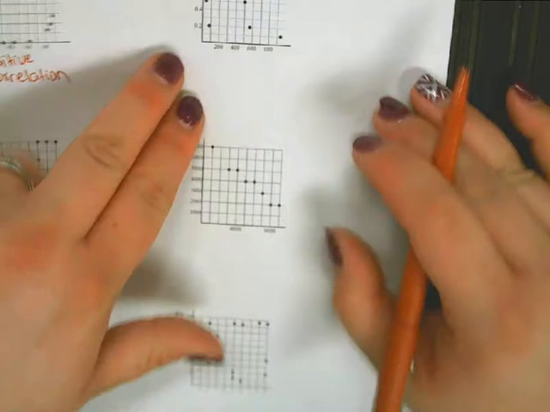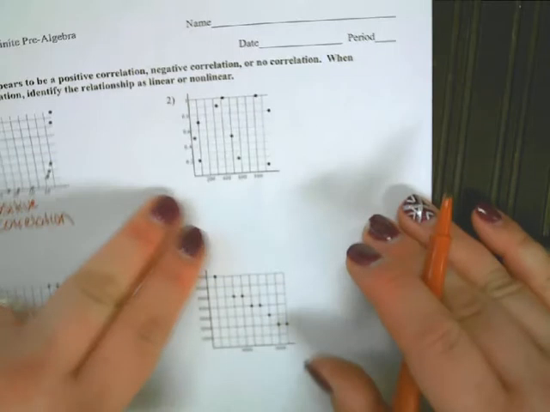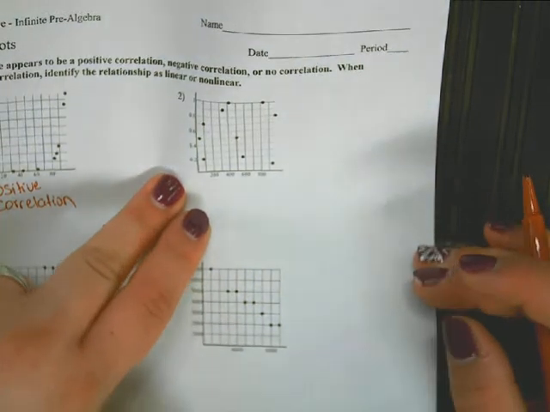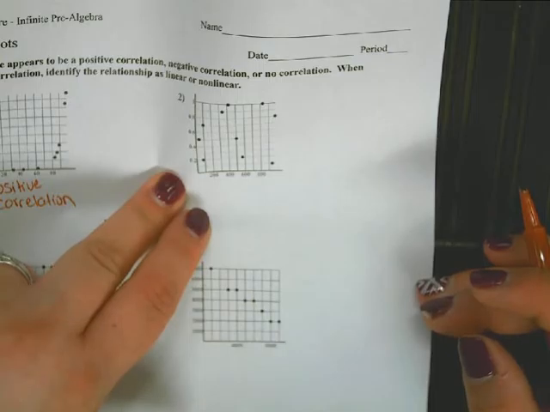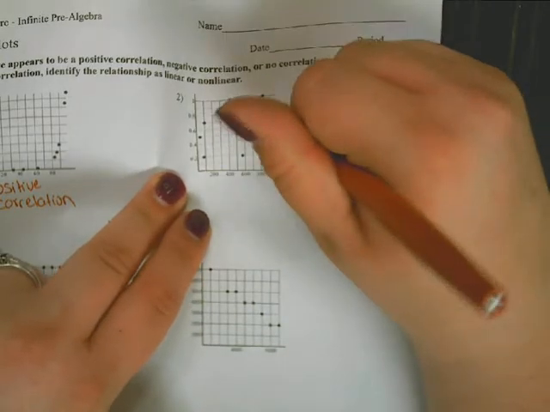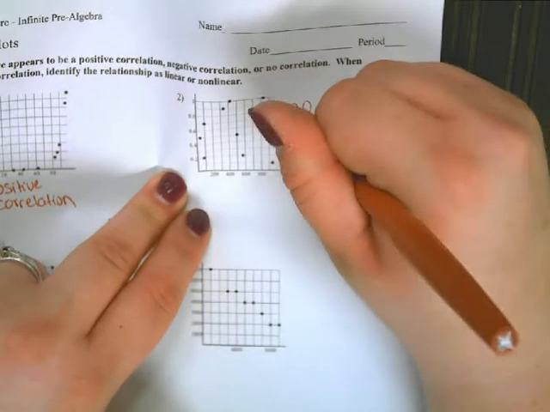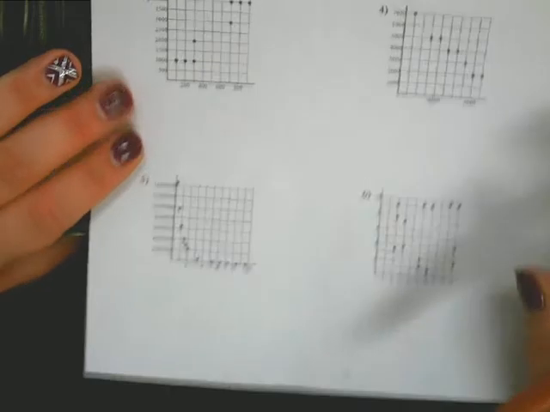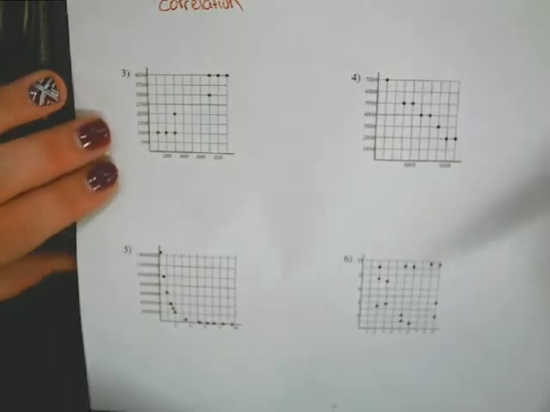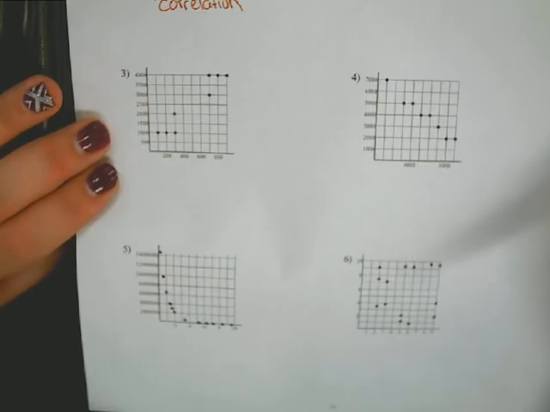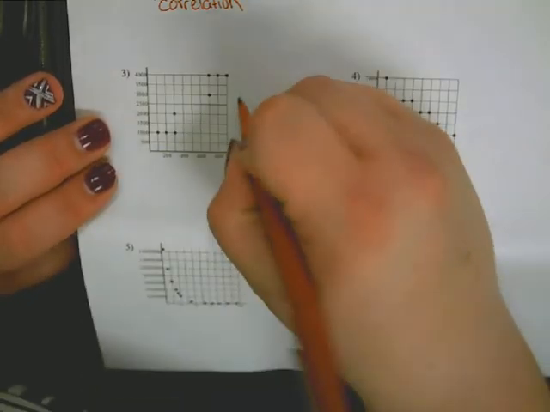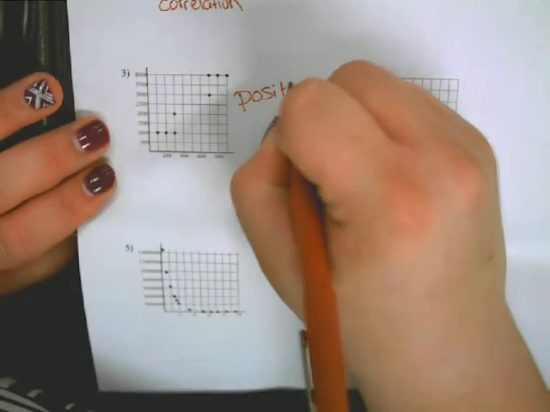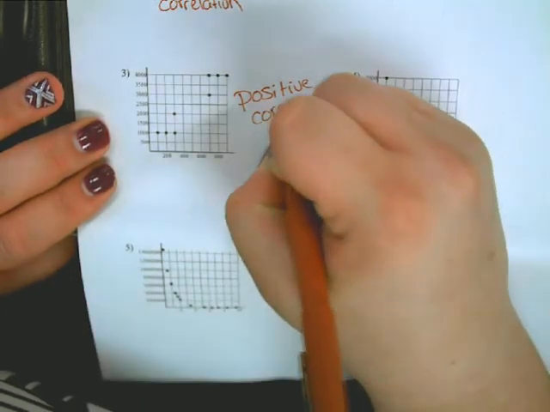Number 2, what do you think? Positive, negative, or no correlation? I would say it is a no correlation. They're all scattered around. Number 3, positive, negative, or no correlation? I'd call it a positive correlation.